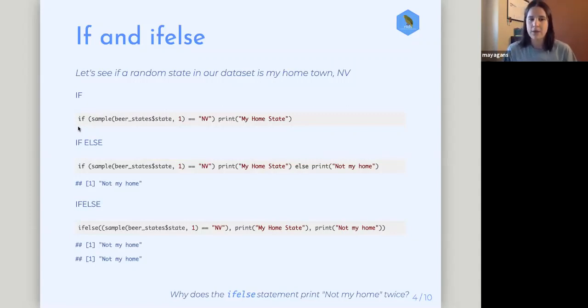So that's where if else comes in. So if condition true, else false. So now we get this more informative message in the console that sample was not from my home state, from Nevada.